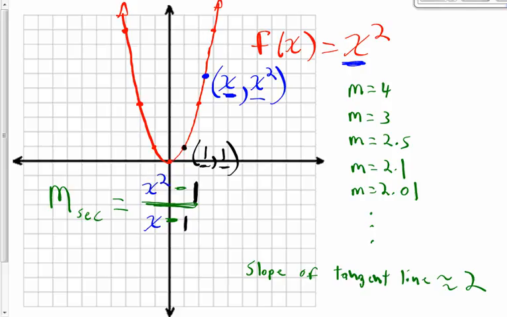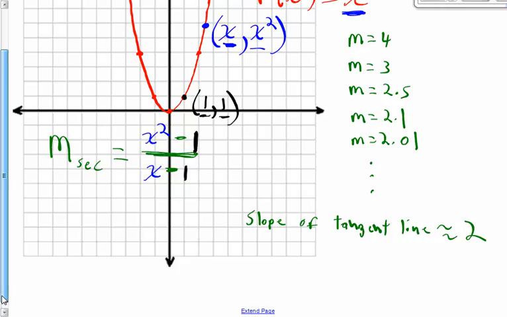What I want to do, in order to find the slope of the tangent line, is call that slope m_tan. This represents the slope of the tangent line. It's going to be the limit as x, this is x, right, gets closer and closer to the number 1.